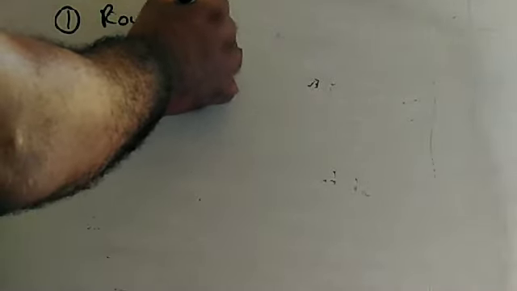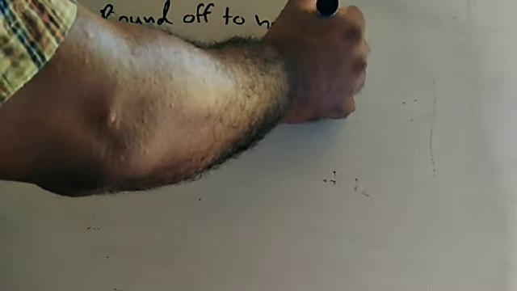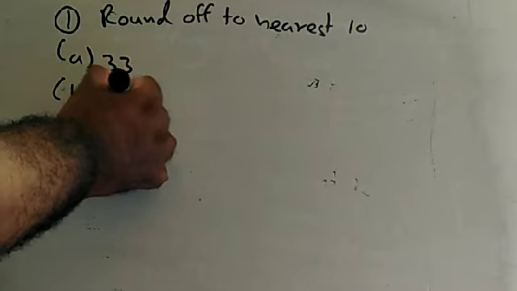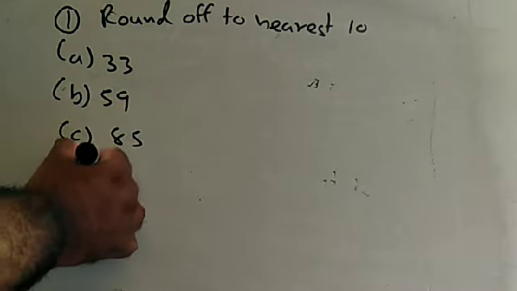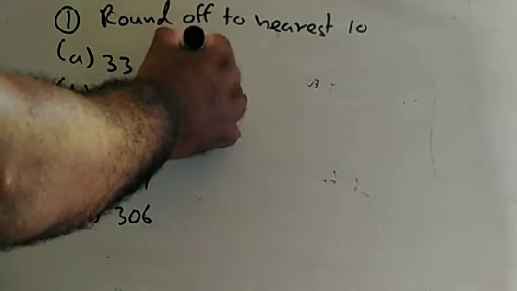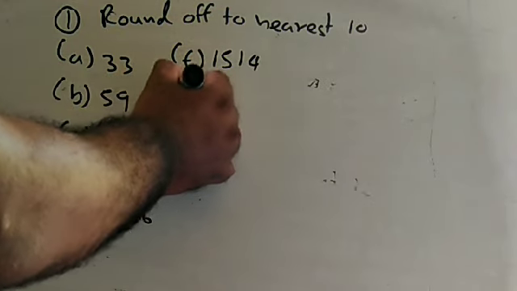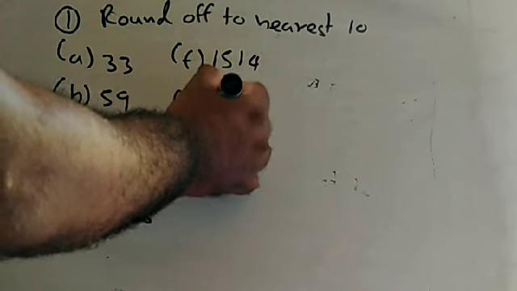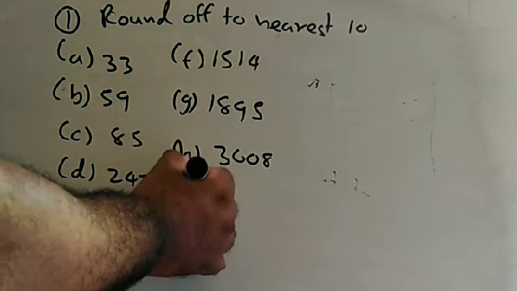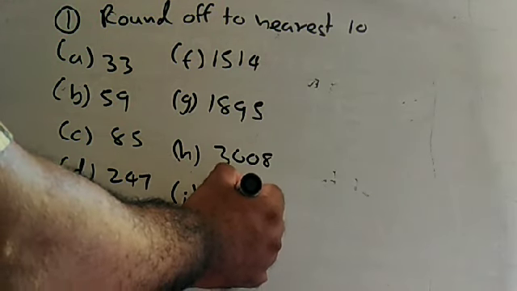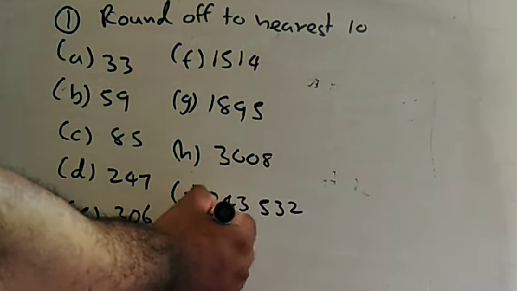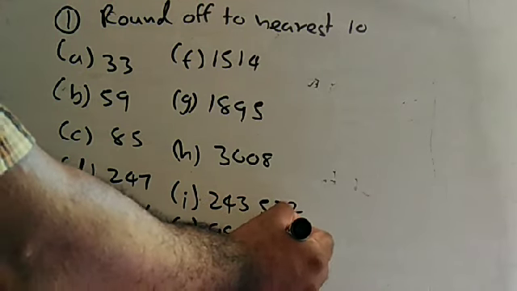Round off to nearest 10. 33, 59, 85, 247, 306, 1540, 1895, 3008, 243,532, 997,287.